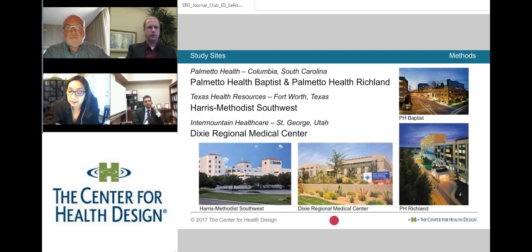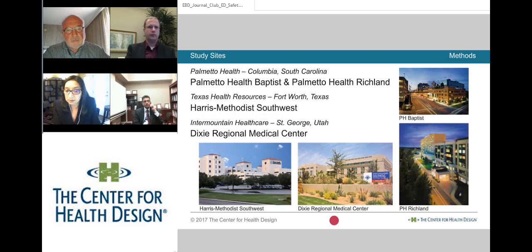Some of the main criteria happened to be that the EDs would be part of a larger hospital, and that they would be involved in a project that had a scope to expand, renovate, or replace the existing ED. The other criteria that we looked at, and which was not common to these EDs, was that they had a different patient volume, different numbers of exam rooms.